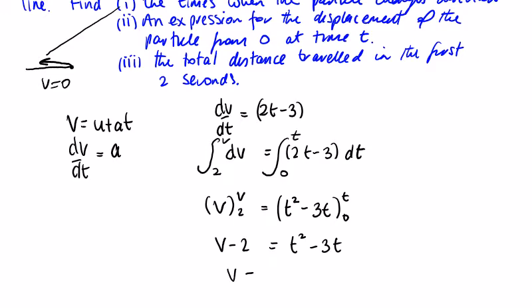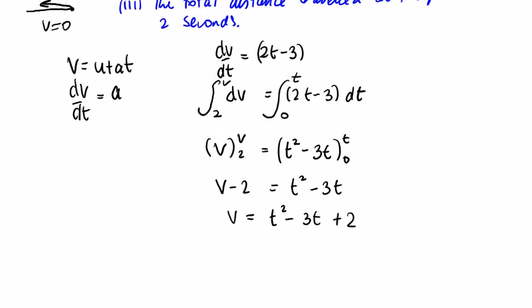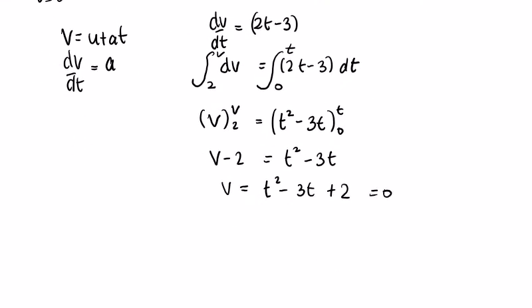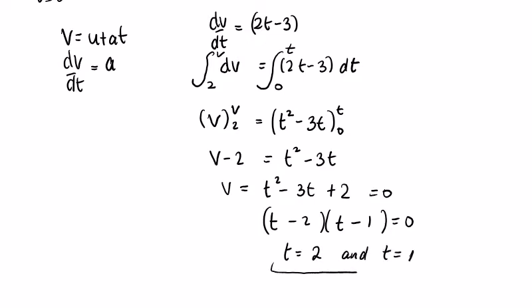My expression for velocity is t squared minus 3t plus 2, and that will have to be equal to 0. This factorizes nicely: t minus 2 times t minus 1. So when t is equal to 2 and t is equal to 1, it changes direction, because they're the solutions for v equal to 0.